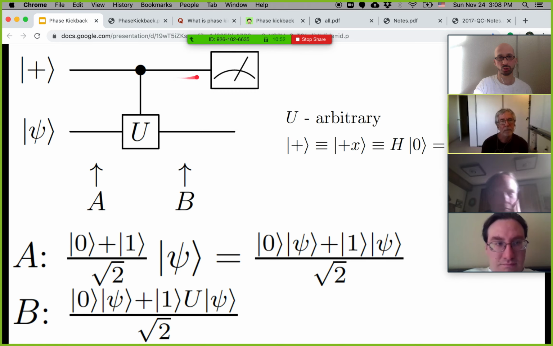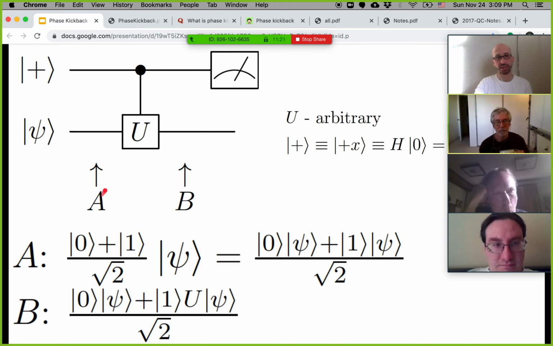This is the first qubit, and this is the second qubit. Time goes left to right. We start in this state, then we apply this gate, and then we do a measurement. A and B are not part of the circuit. They're just points in time to talk about this circuit.